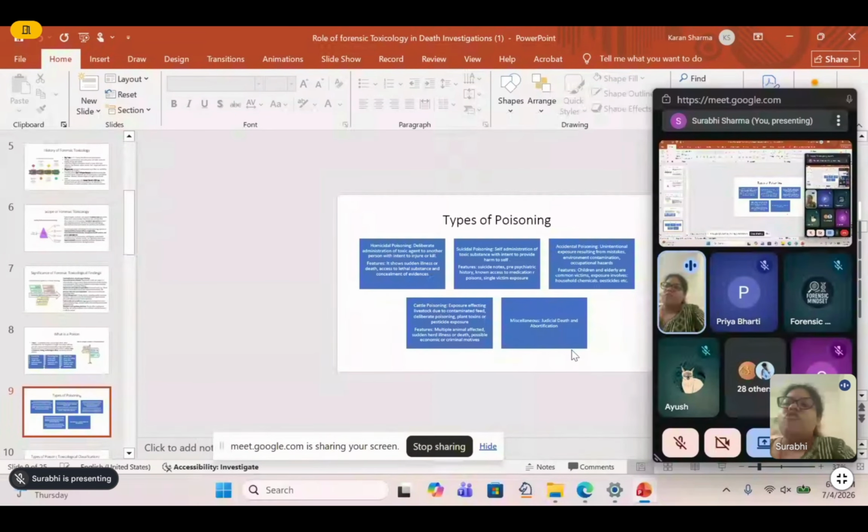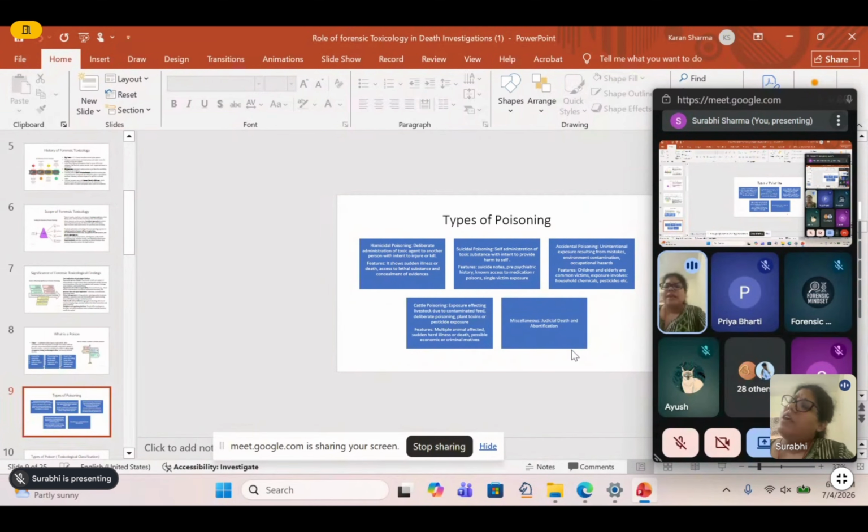What are the features of this? Children and elderly people are usually the common victims. A very common example again from your household: you have seen your mothers keeping detergent in a Horlicks tub. Or children, you must have seen coconut balls which we used to eat as candy, and they resemble naphthalene balls.